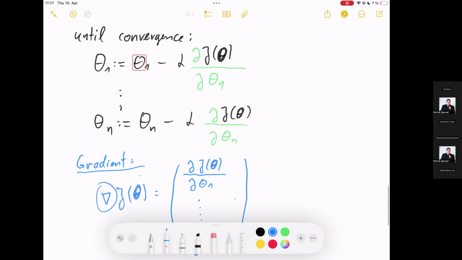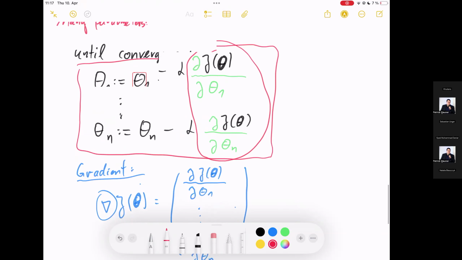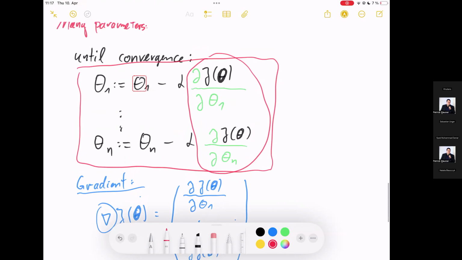And what you see is actually we have the gradient up here because we have all these partial derivatives from 1 to n. So all these statements here can be rewritten by using a vector notation.